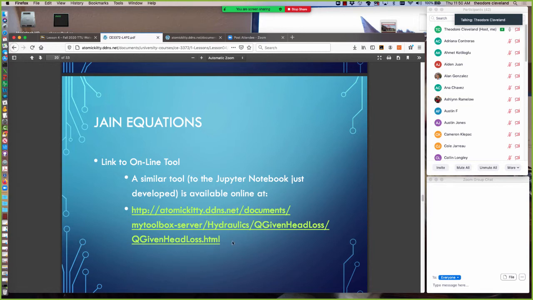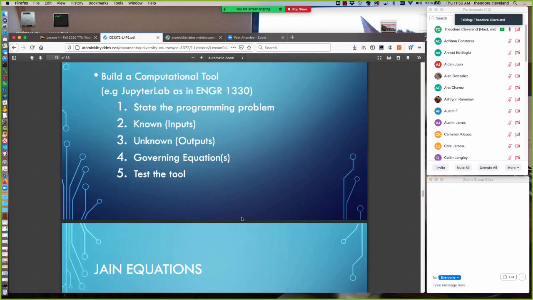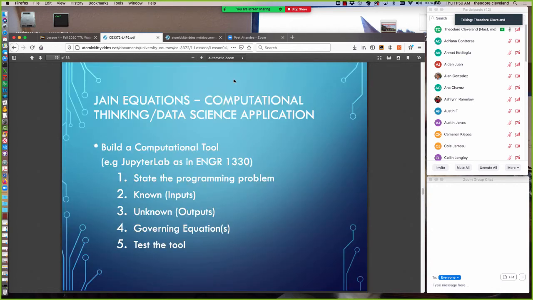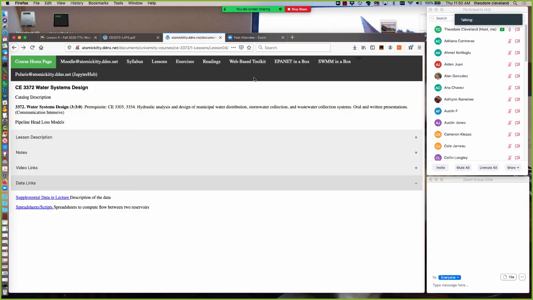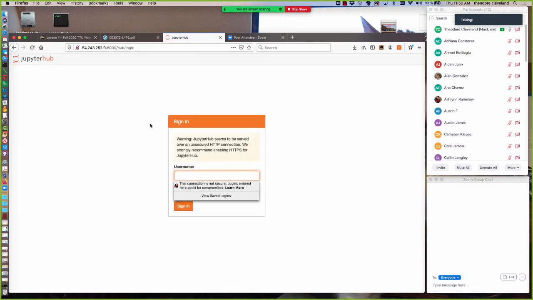I have one already built that implements these. Well, actually, let's go look at this Jupyter Lab notebook, because future classes are going to have to know what that is. So that should be, actually I hope this actually works. I may have it turned off.